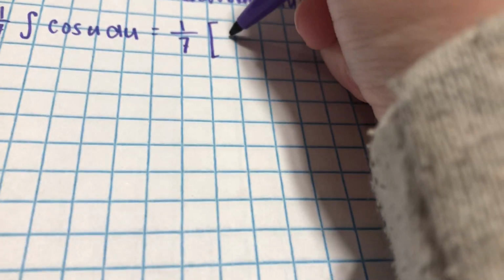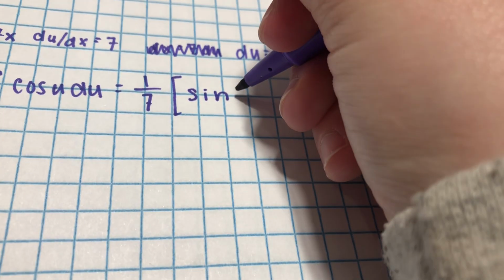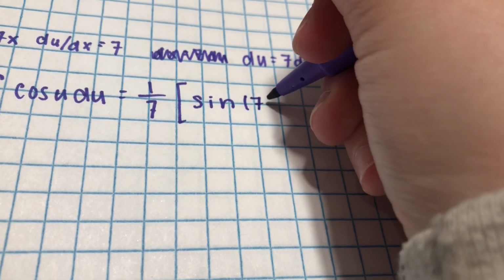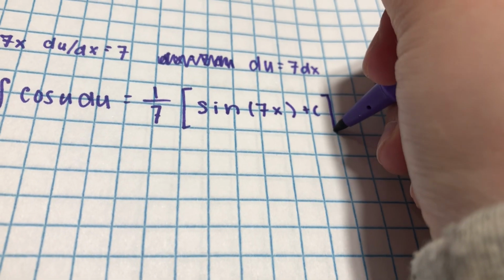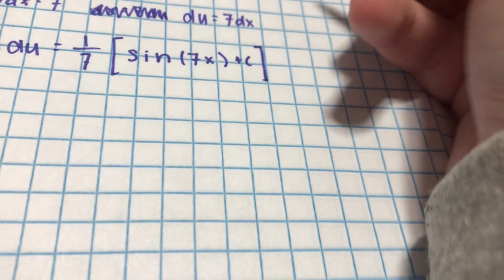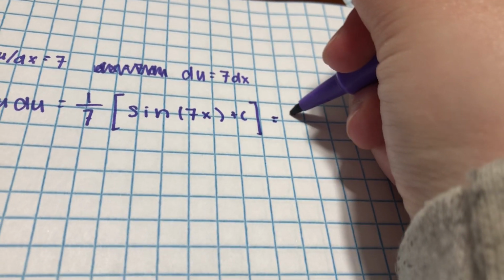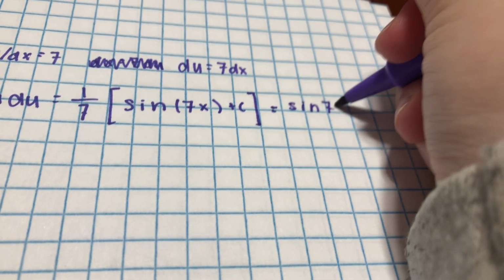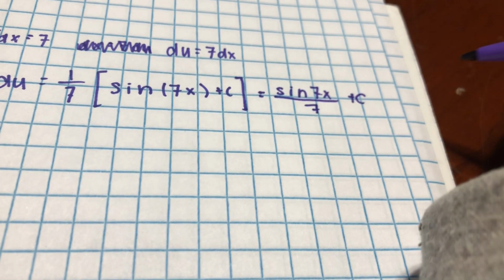So we're going to plug back in that u, and we have sine of 7x. And don't forget the plus c for our constant, since it is not a definite integral. We simplify everything and end up with sine of 7x over 7 plus c.